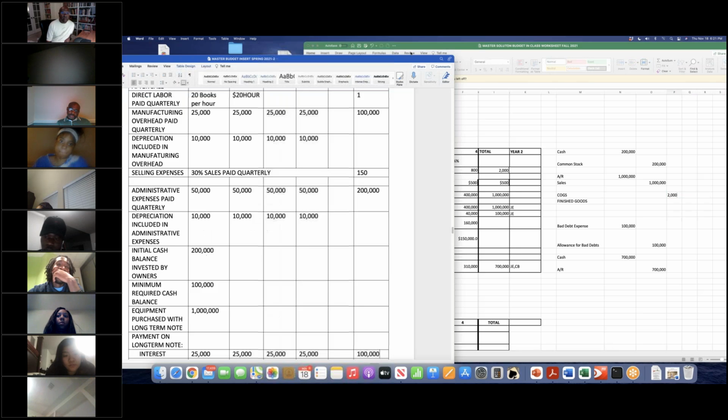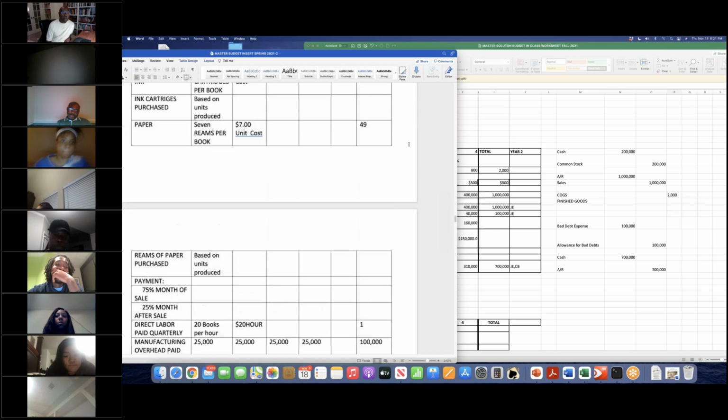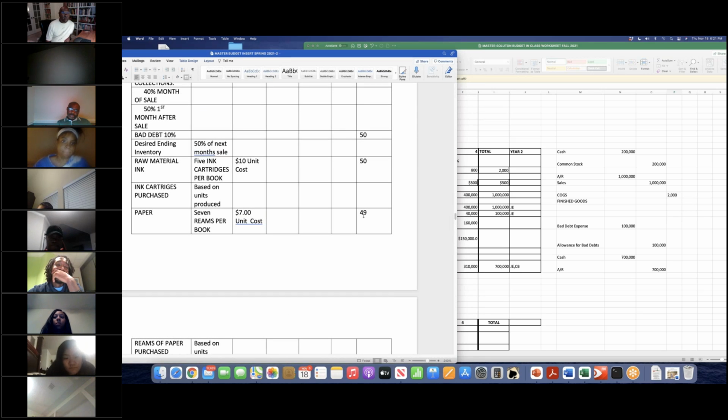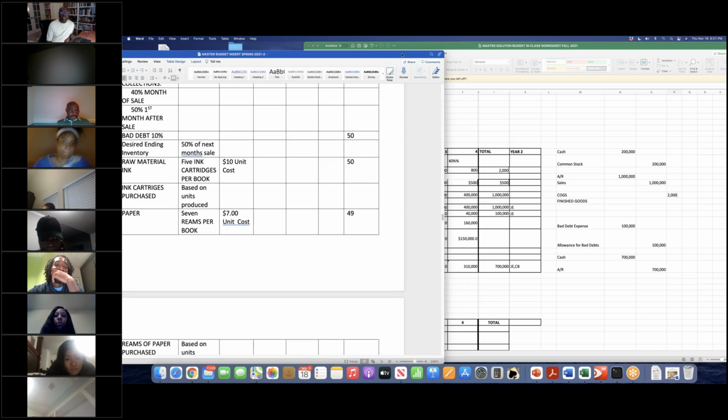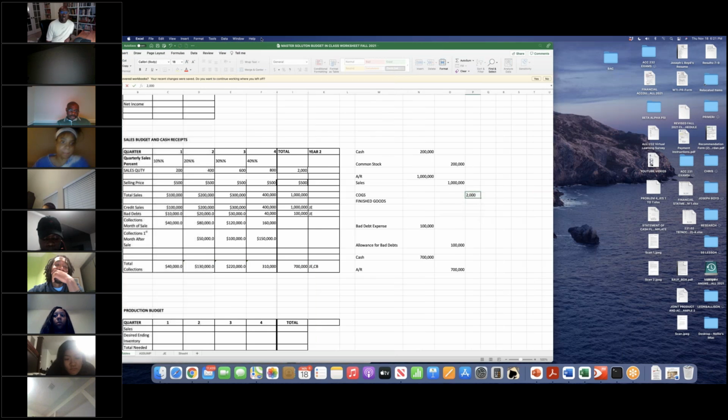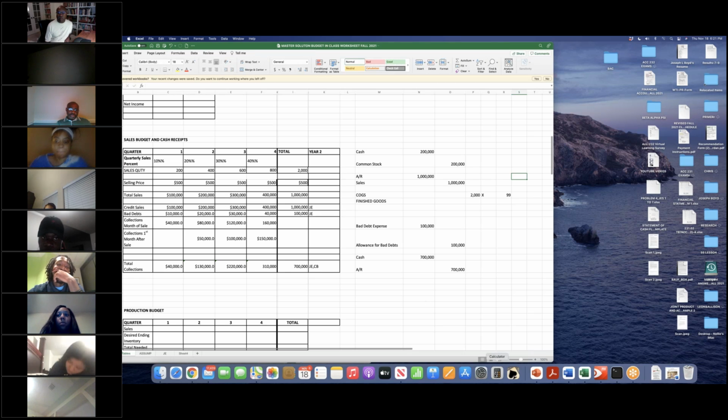So we look over here. Our direct labor was 49 and our raw materials is 50. So only these two numbers are going to be in inventory. So that's going to be times $99. So what's 2,000 times $99? $198,000.